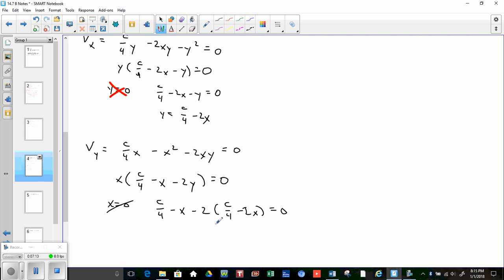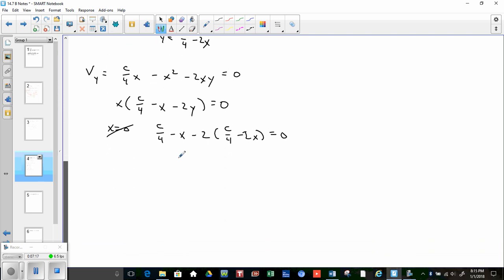And now we can solve for x. I have this down into terms of one variable. Remember that c is a constant. So c over 4 minus x. Multiplying this throughout, we're going to get negative, let's see, 2c over 4 is a half of c. And then negative 2 times negative 2x will give us plus 4x. So let's see, combining the x's, we'll get 3x.